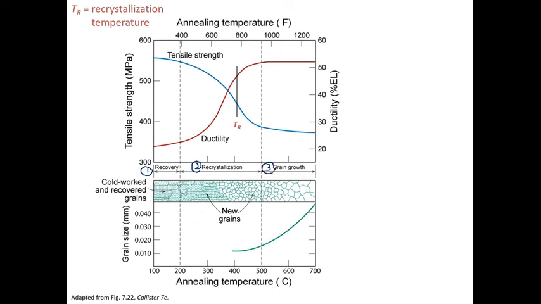As you can see here, when deformed samples undergo annealing, the tensile strength will restore its original strength, while the ductility will tend to increase.